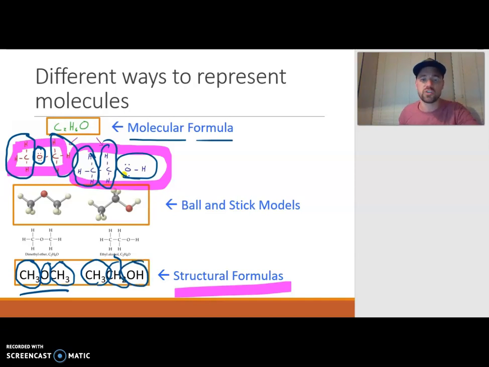When we write structures in this way, not only are we getting more information about how it's structured, but when you get to organic chemistry, you'll also start to see certain groups in the compound, what we call functional groups, that have certain properties. For example, when I see OH, that tells me it's an alcohol. When I see O, that tells me it's an ether. So this gives us information about how things are structurally put together.